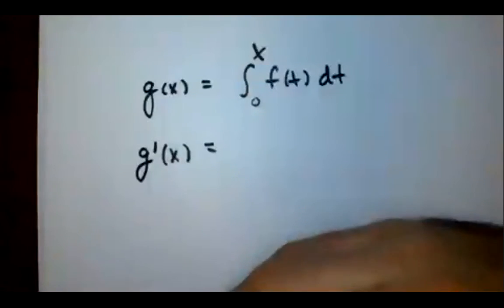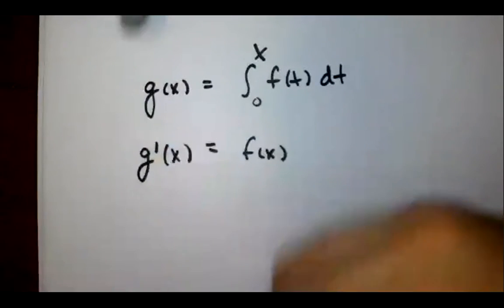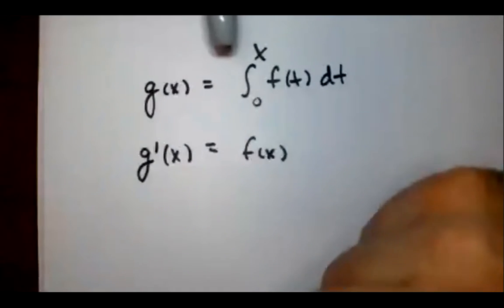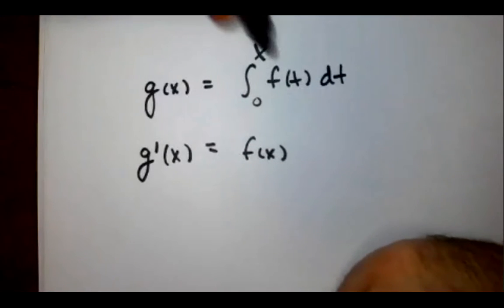You've been doing that all along without really realizing it, because I just write this out for you like that. G prime is equal to f. So when you have g equals integral f or anything of that nature, and you take its derivative, you wash out the integral, you plug in the bound that has algebra.